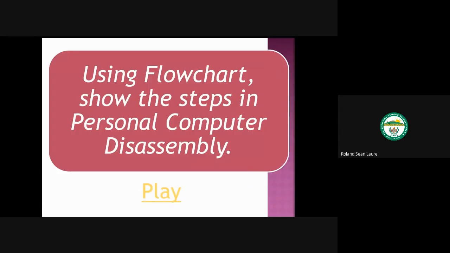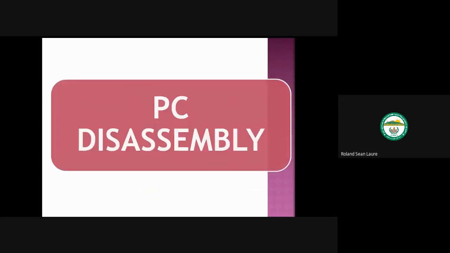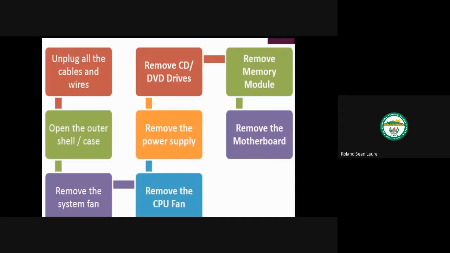So, using a flowchart on PC disassembly. First, unplug all cables and wires. Open the outer shell and case. Remove the system fan.